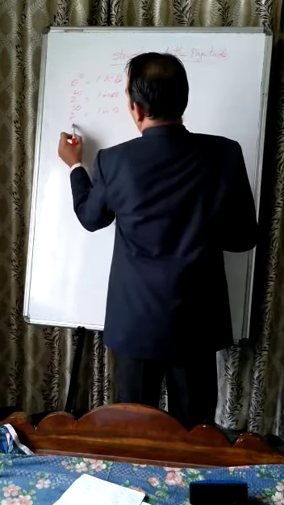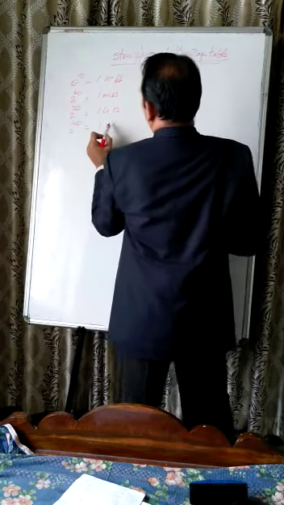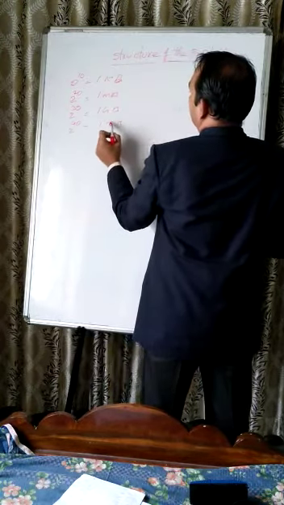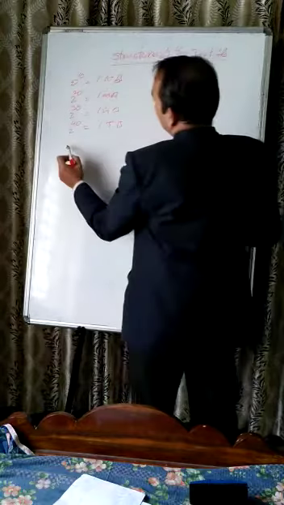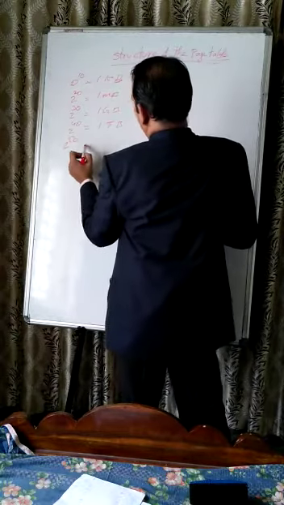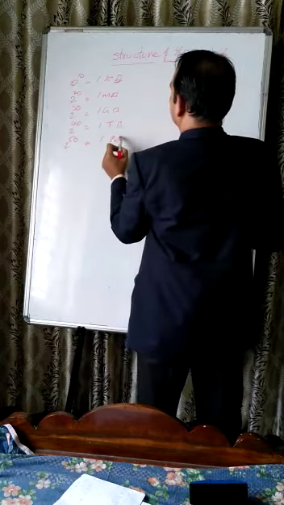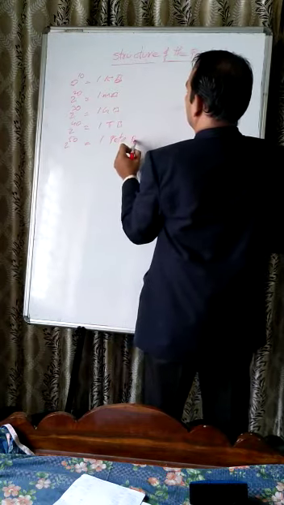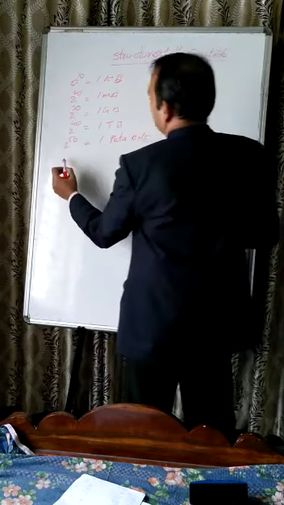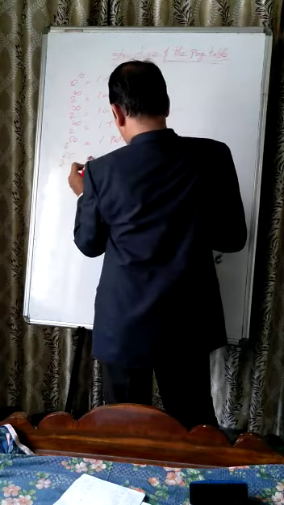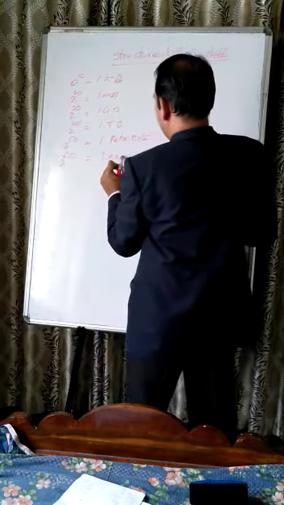And 2 power 40 is equal to 1 terabyte. 2 power 50 is equal to 1 petabyte. 2 power 60 is equal to 1 exabyte.